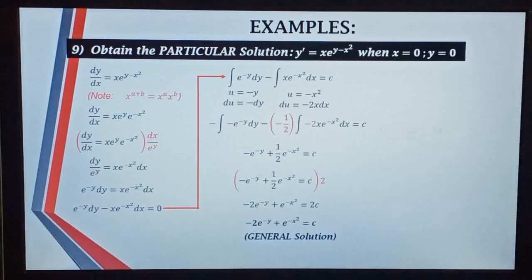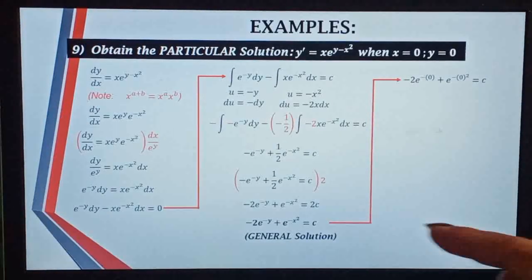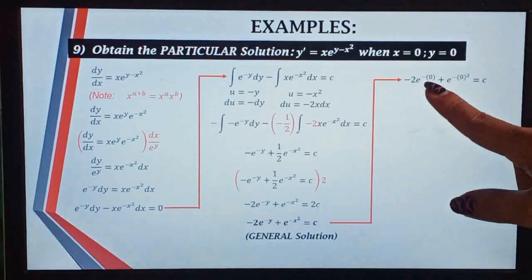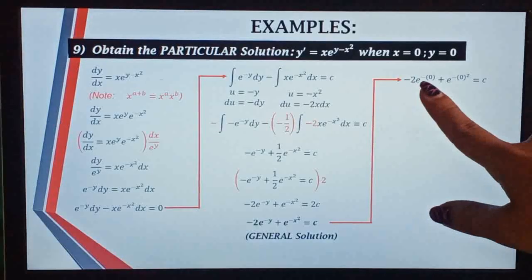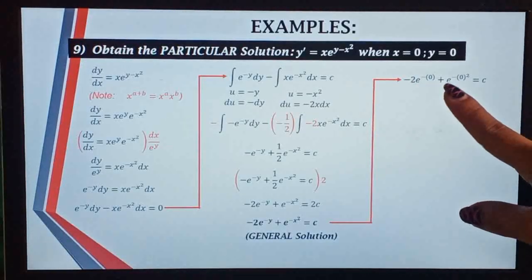So for us to obtain the particular solution, all we have to do is to substitute the x equals 0 and y equals 0. So, substitute natin si y, substitute natin si x. So, that's negative 2 e raised to negative 0 plus e raised to negative 0 squared.